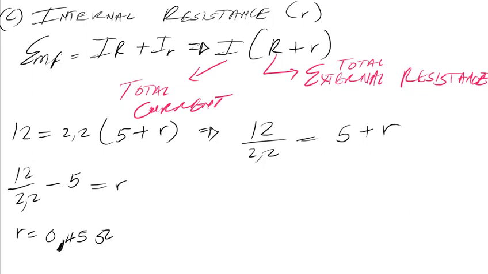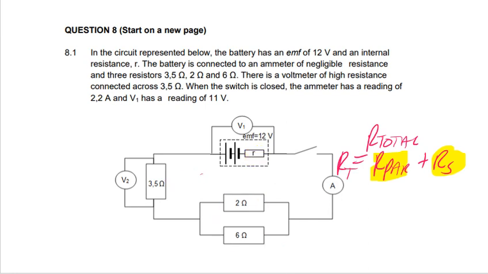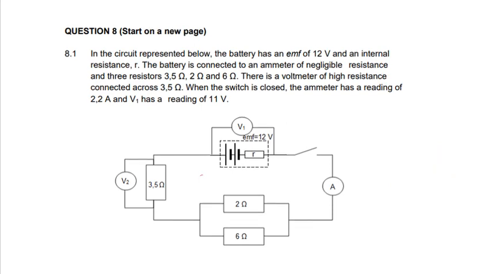Or there's the alternative method. So remember, let me show you. Alternatively, in case they didn't give you enough information, let me show you what we can do. The internal resistance, we can calculate it this way. Remember, you need to know your external resistance.